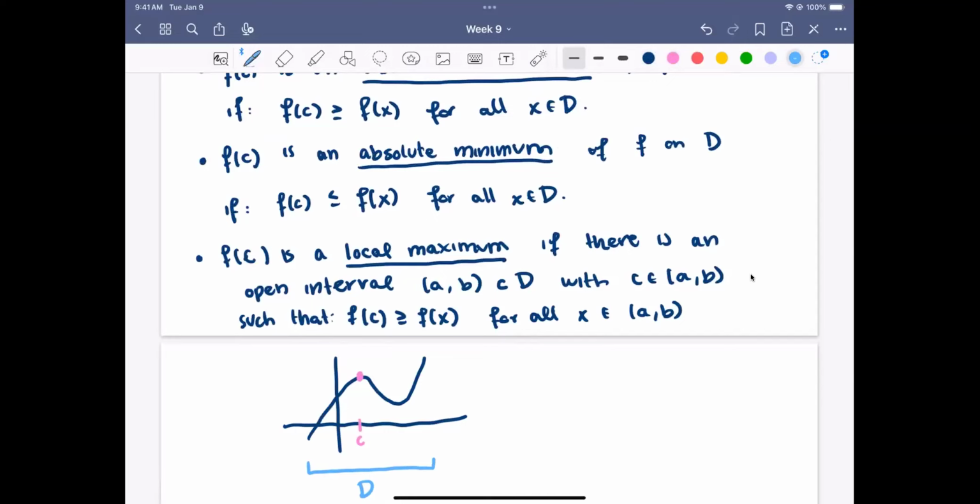So what I can do is just take a little interval around C, and we'll find that f of C is the biggest value on that interval. So let's take A to be something like this.